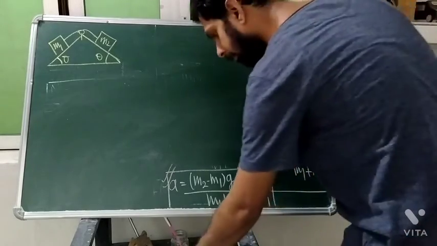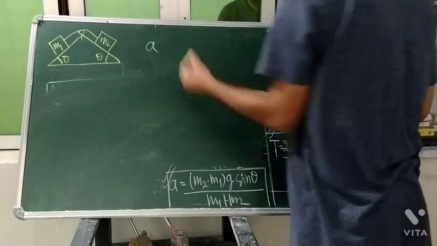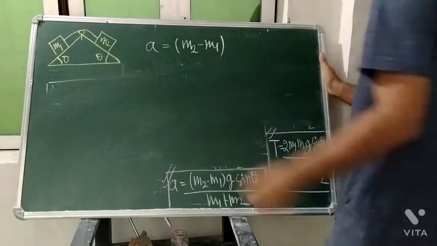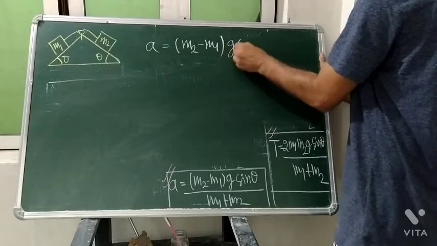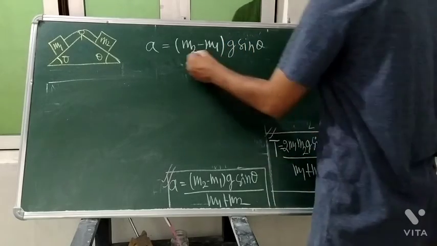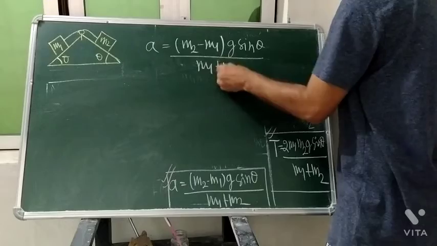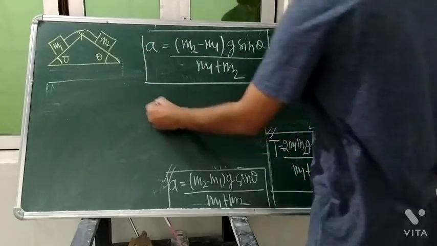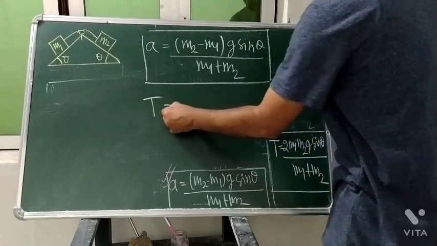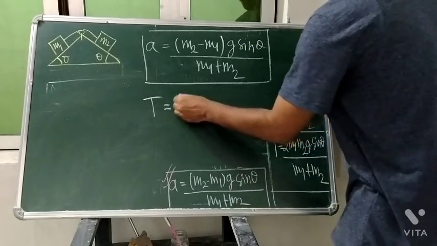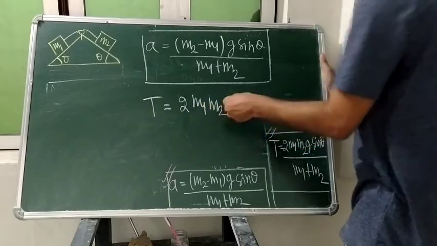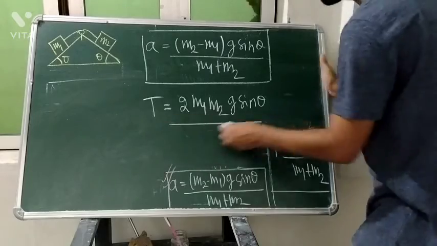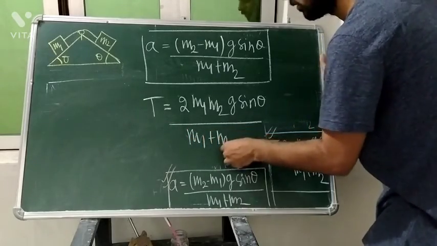Our acceleration will become m2 minus m1 times g sin theta divided by m1 plus m2, and the tension you will get is twice of m1 m2 g sin theta divided by m1 plus m2.